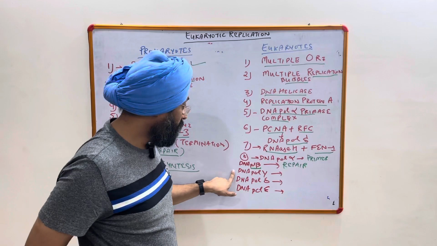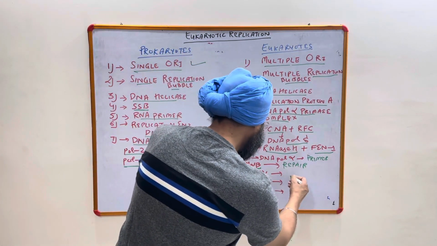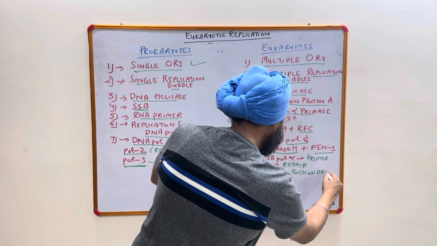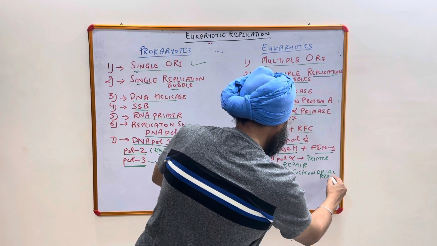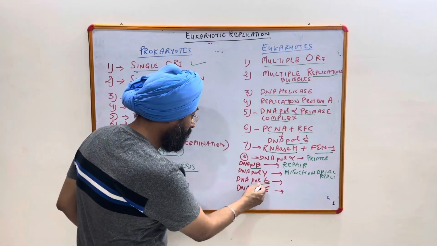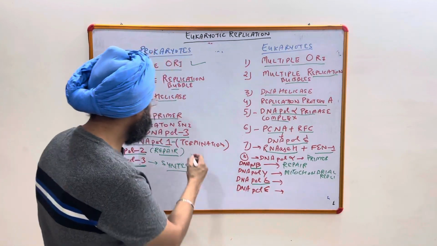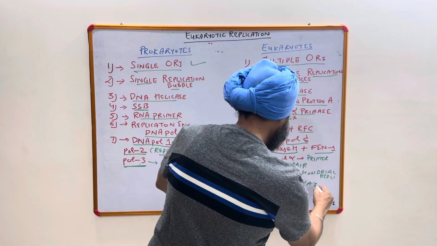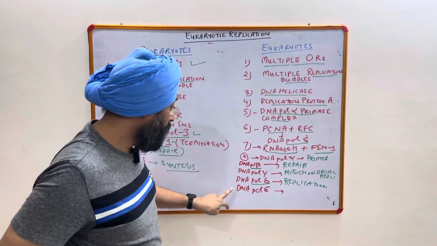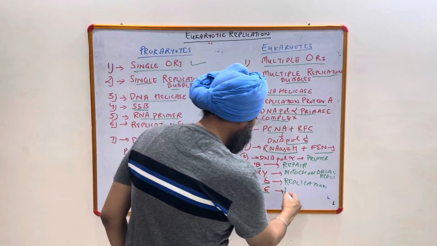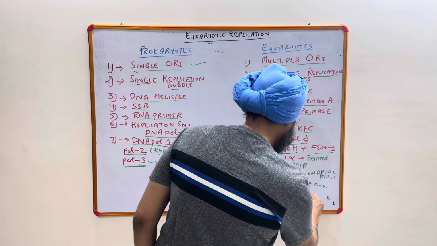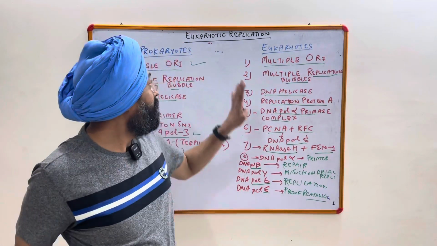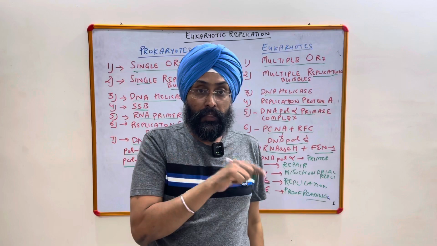And gamma is involved in mitochondrial replication, right? And DNA polymerase delta has a role similar to DNA polymerase 3. Proper replication is done by DNA polymerase delta, and DNA polymerase epsilon is involved in proofreading activity, right? So that finishes our replication chapters in eukaryotes as well.